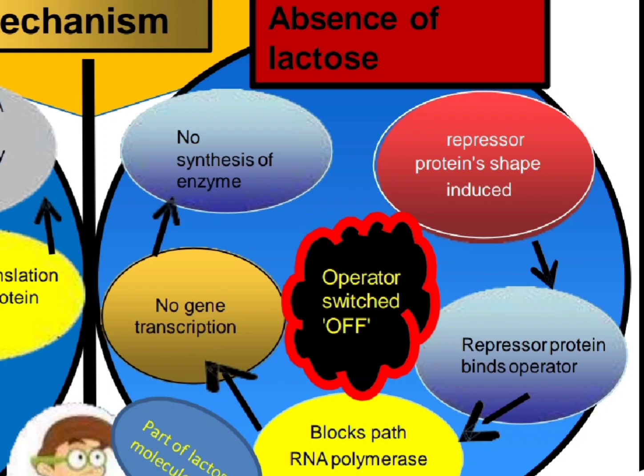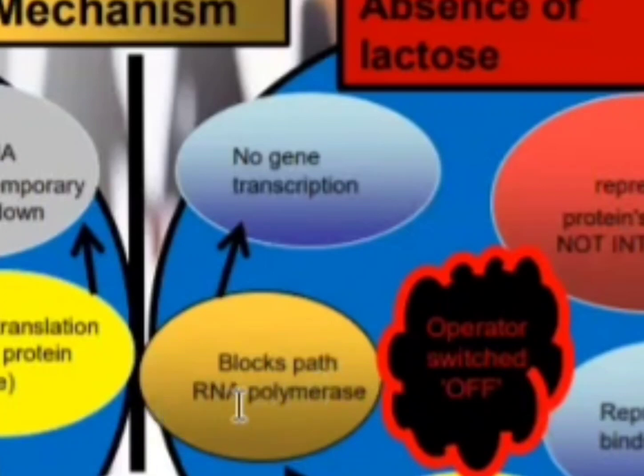The repressor protein binds the operator and blocks the path of RNA polymerase. From this, gene transcription cannot occur. The operator is known as switched off.